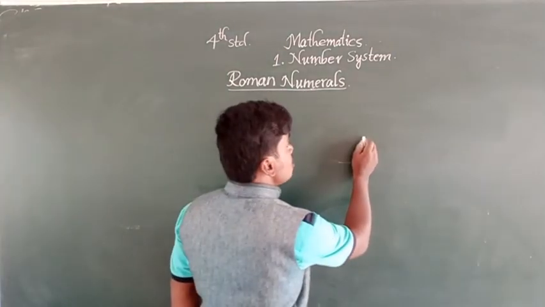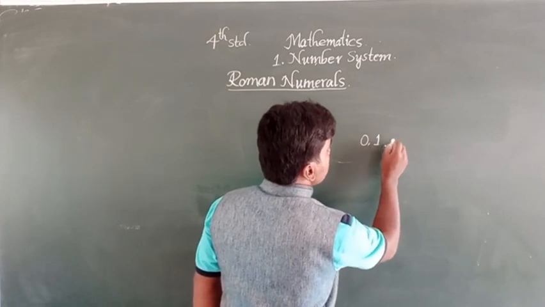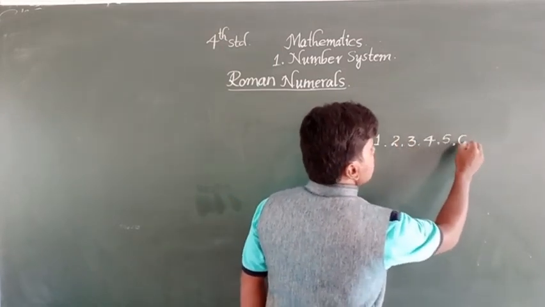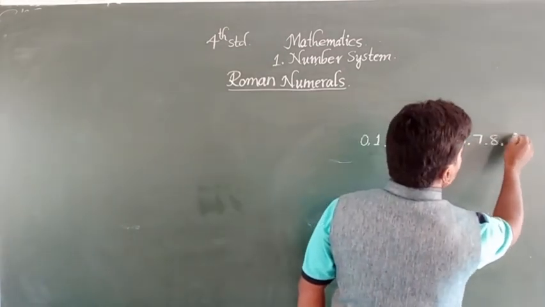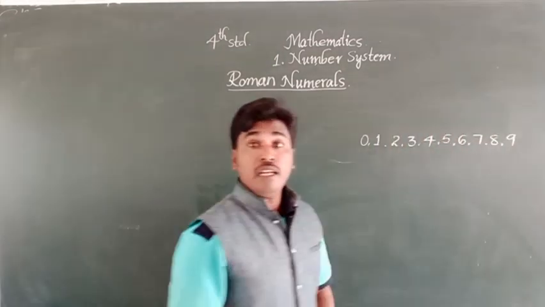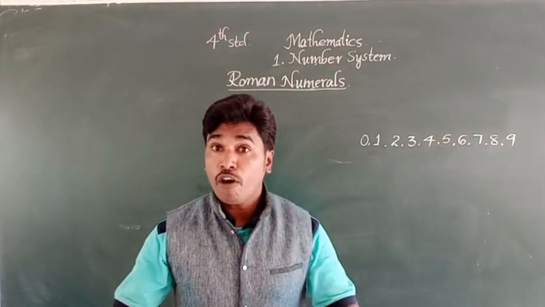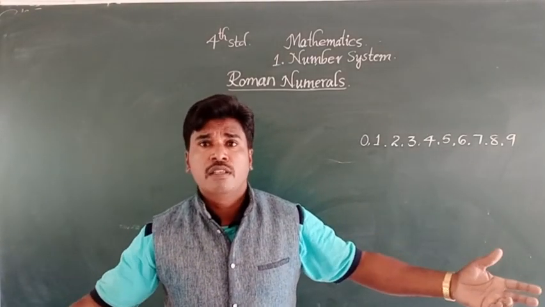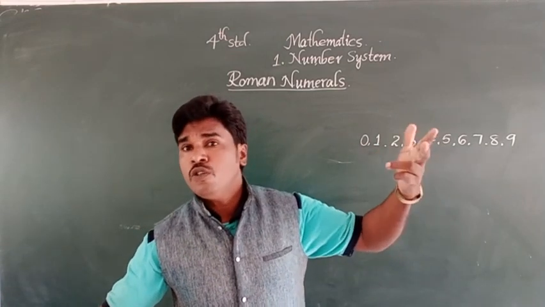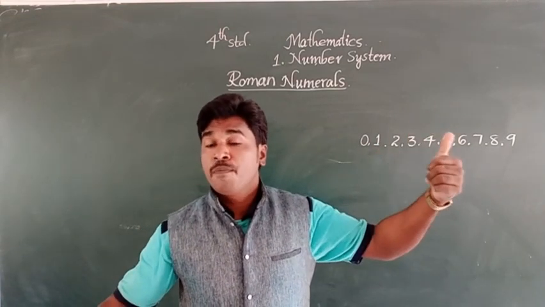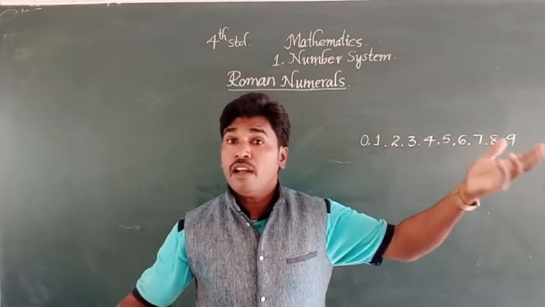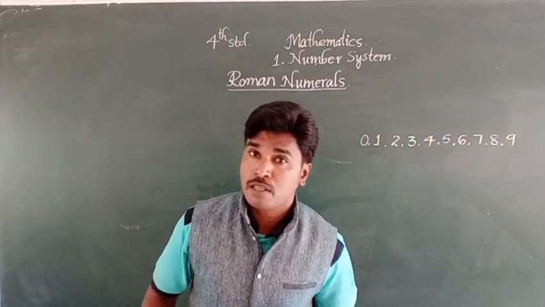We use 0, 1, 2, 3, 4, 5, 6, 7, 8, 9. By using these digits, we can form different numbers, varieties of numbers like 1 digit, 2 digit, 3 digit, 4 digit, 5 digit, 6 digit, 7 digit, 8 digits. N number of digits we can form in the numbers.